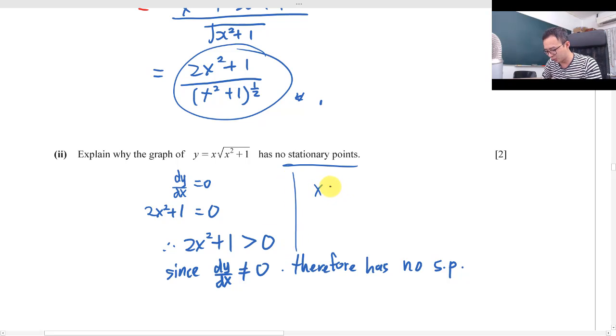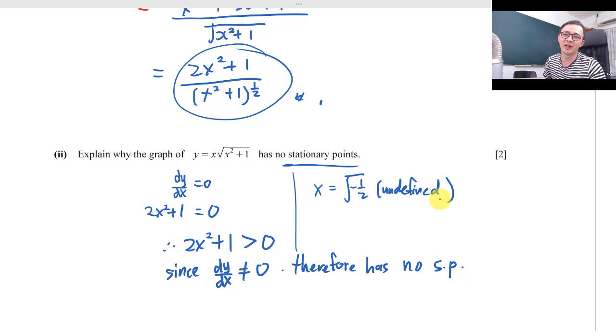Or you prefer to do something like this, square root of negative 1 over 2, then you write here undefined. Since it is undefined, therefore there is no stationary point. You can always use whatever methods you want. So the 2x squared plus 1 cannot equal 0 for all values of x.